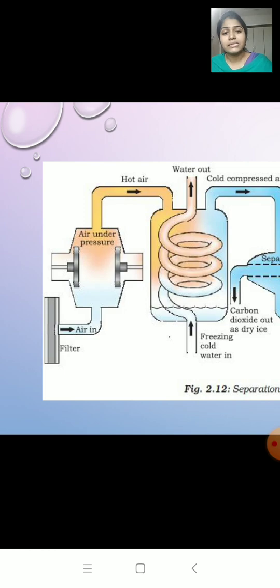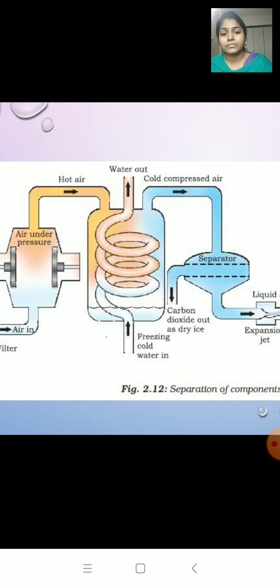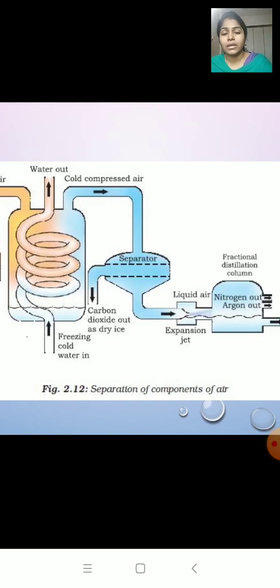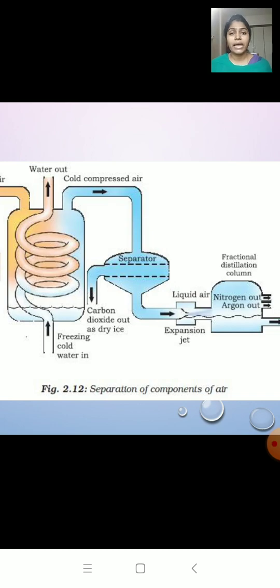Then this compressed and cold air is passed into a separator. In this separator, carbon dioxide gas turns into solid and forms dry ice. So the carbon dioxide gas can be separated in the form of dry ice from this separator.